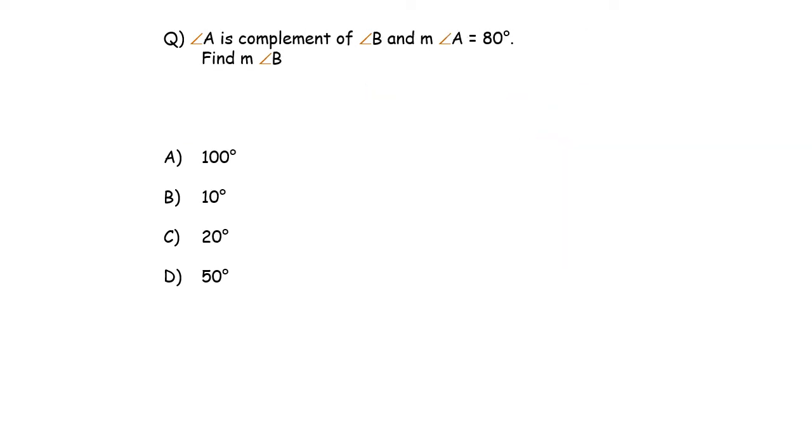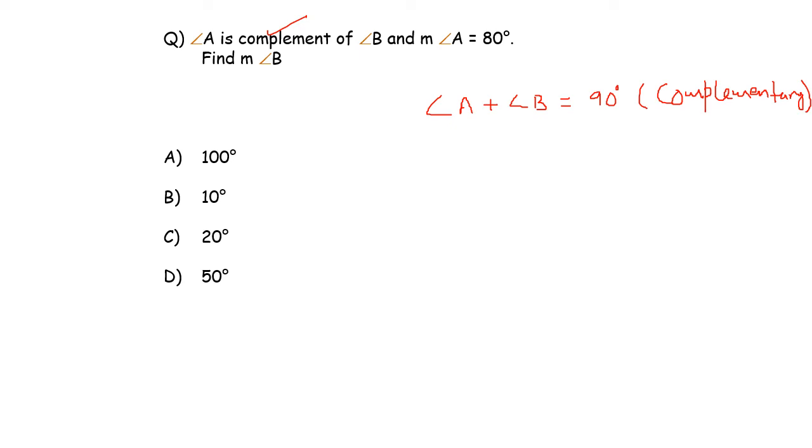Similarly, the next question is about complement. Complement is 90. Supplementary angles means the sum is 180 degrees. Complementary angles means the sum is 90 degrees, right? So we can start like this. Angle A plus angle B is equal to 90 degrees. Why? Because they are complementary to each other. You can write the reason in the bracket.